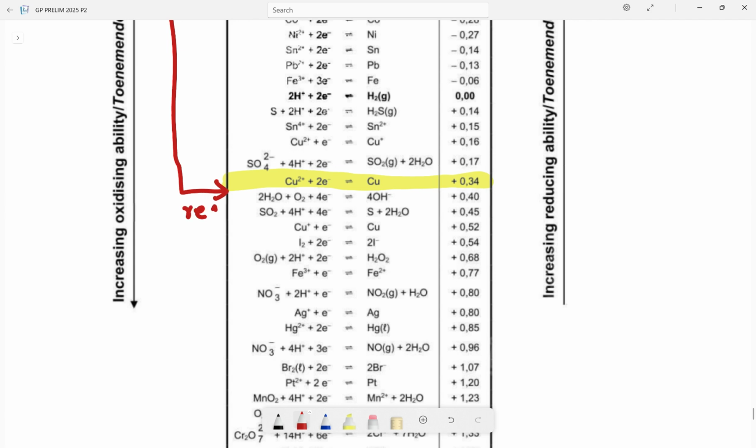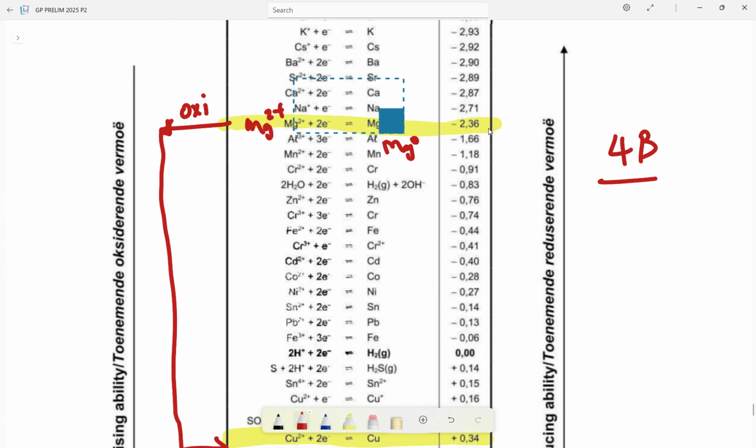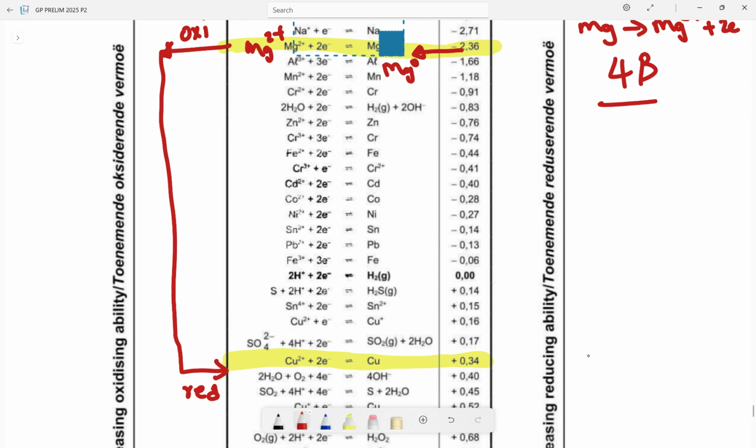So this is reduction. Can you see it goes from this point to that one? So we're going to write it as Mg forming Mg2 plus plus 2 electrons. And then this one, we're going to write exactly as it is, with one arrow, guys, with one arrow.